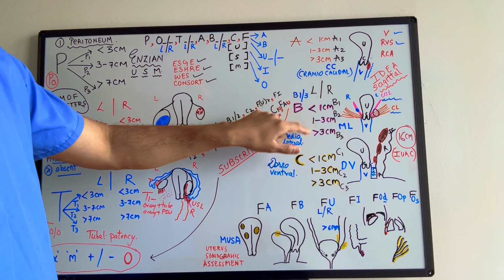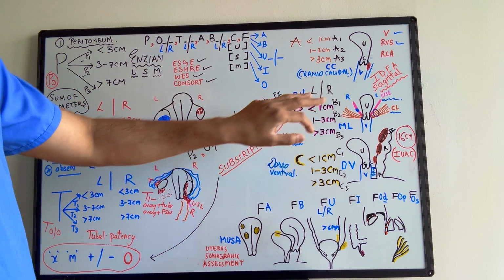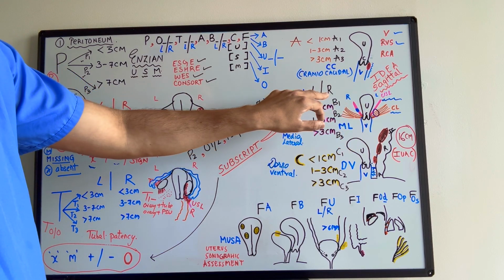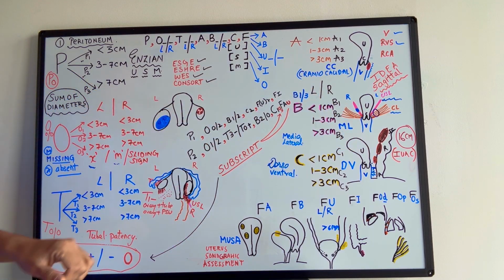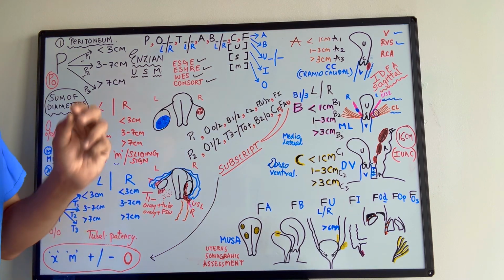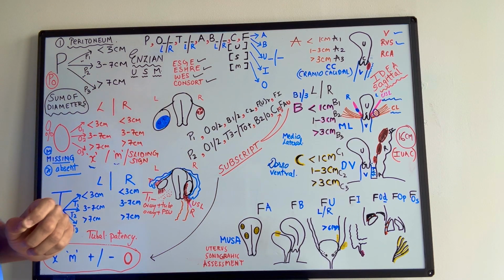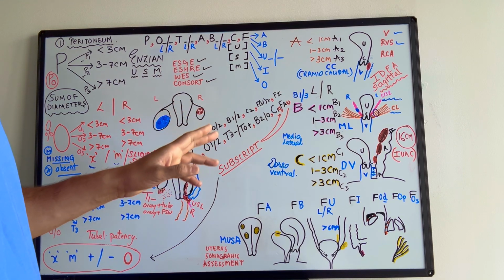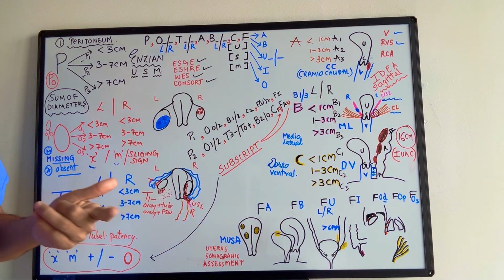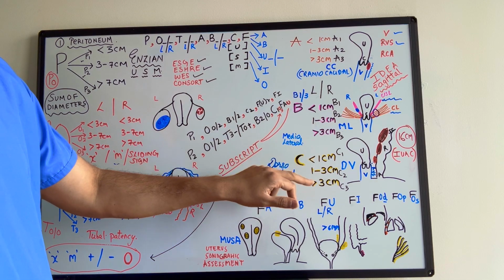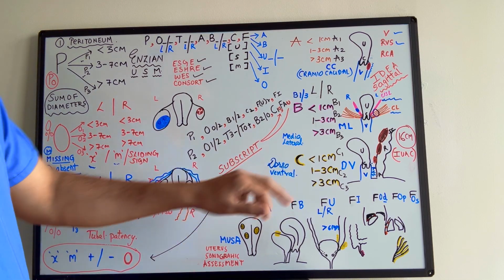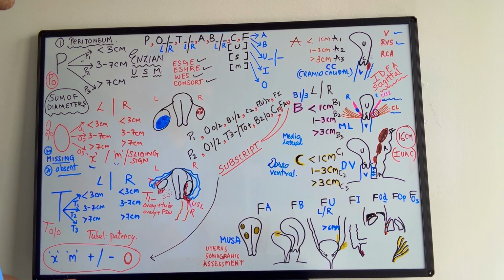Again, the numerical values B1, B2, and B3. Because it's a paired structure, we'll have left and right on this side. Then C is the lesion involving the rectum from the anal verge up to 16 centimeters, and we measure them either on ultrasound scan or MRI scan: less than 1, 1 to 3, and more than 3 centimeters, which becomes C1, C2, and C3.